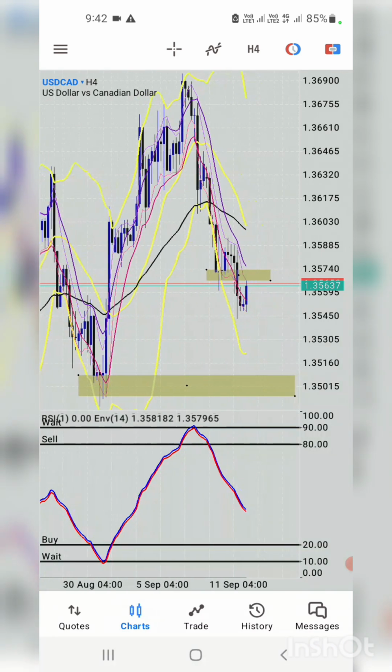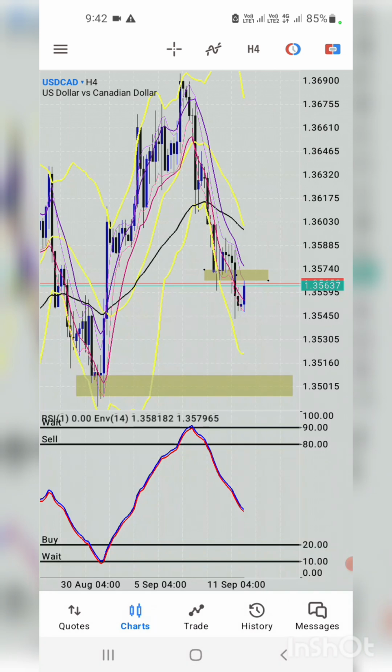Here you can see very clearly also the RSI indicator below price is going to the buying zone, so price is clearly in a downtrend.